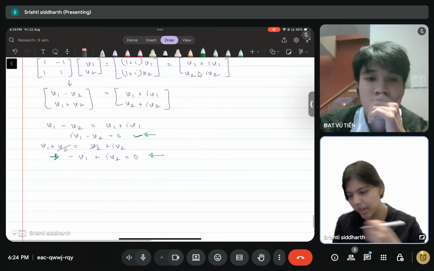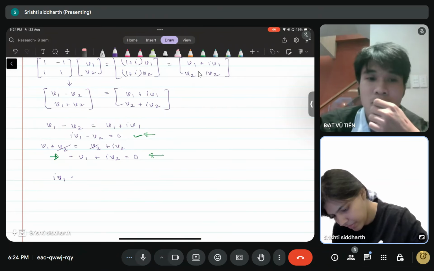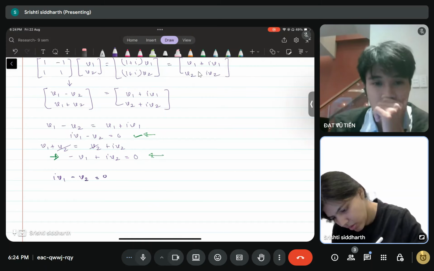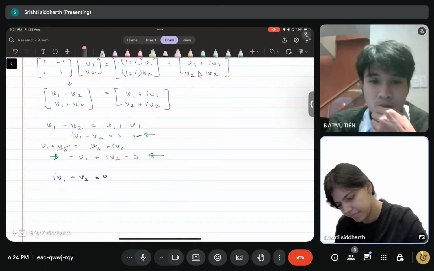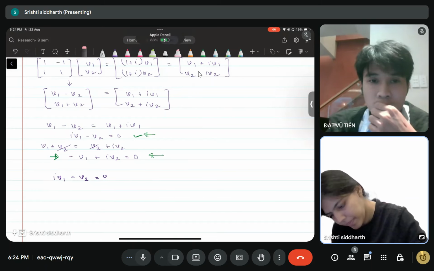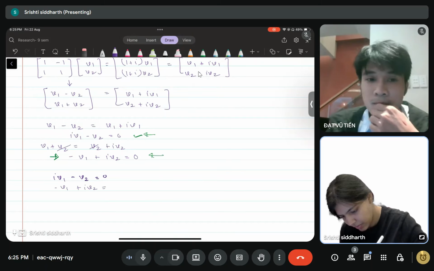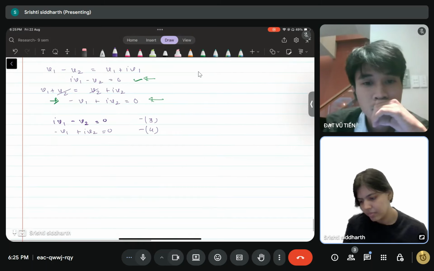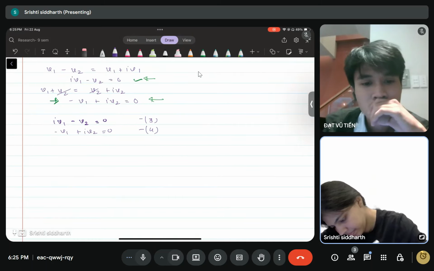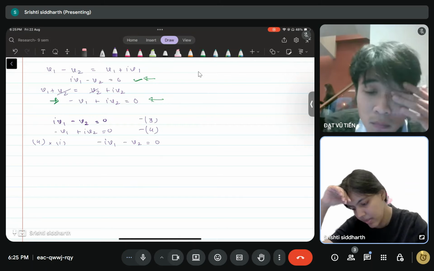See if we get a non-zero eigenvector. The two equations: i v1 minus v2 equals 0 and v1 minus i v2 equals 0. We still get the zero vector.